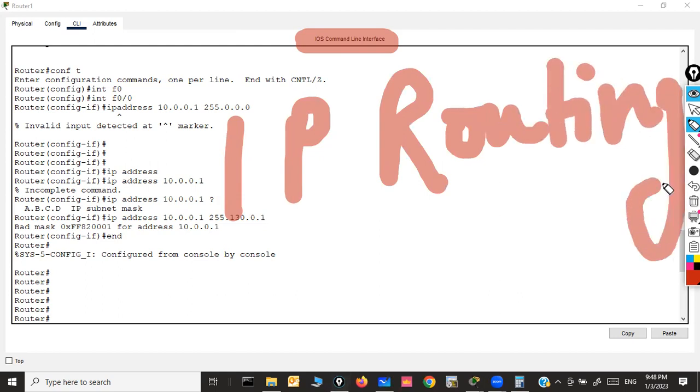You understand what we are going to learn in IP routing. In IP routing, we'll learn how to make communication happen across different networks. First we'll start with 2 networks, maybe 3, 4, 5 networks. We'll understand the whole routing concept.